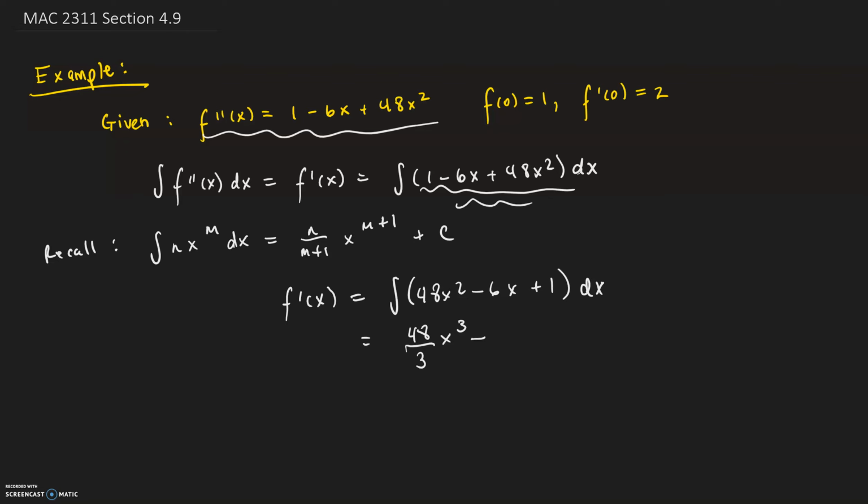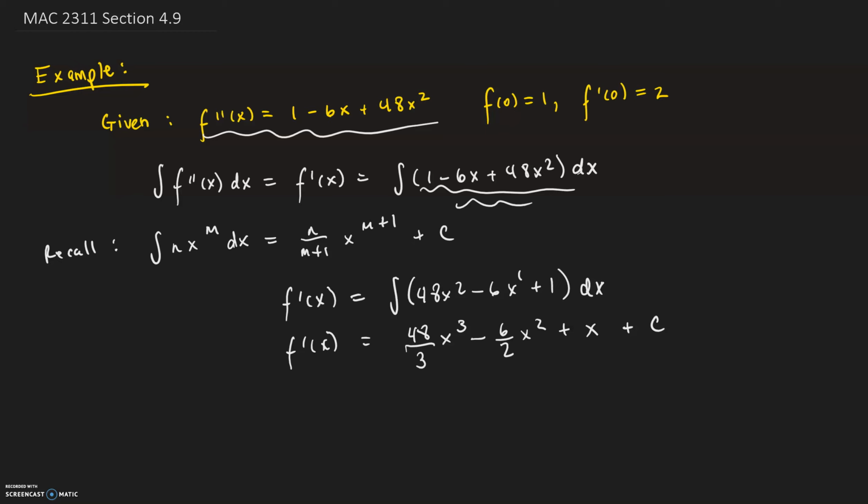So in this case, n is 6, and m is actually going to be 1. So then we have 6 halves x, and then 1 plus 1 is 2, and then plus x. That 1 just turns into an x, and then of course we're also going to generate some constant c, right?